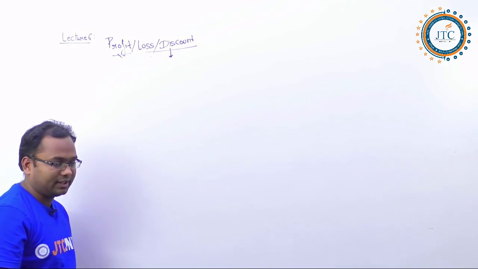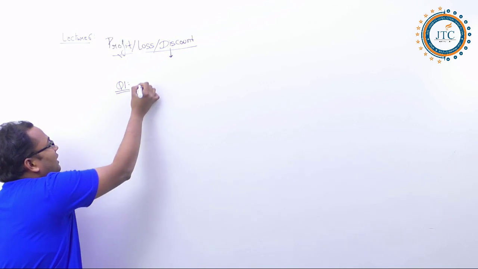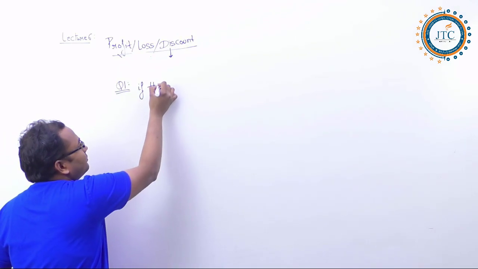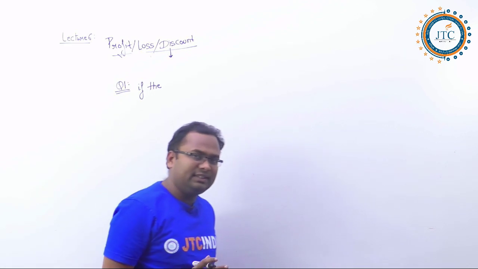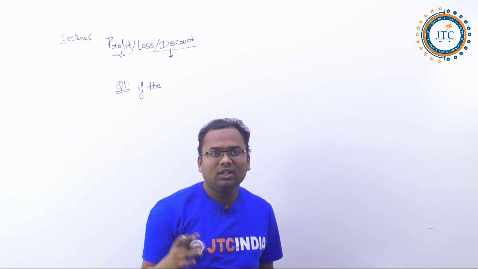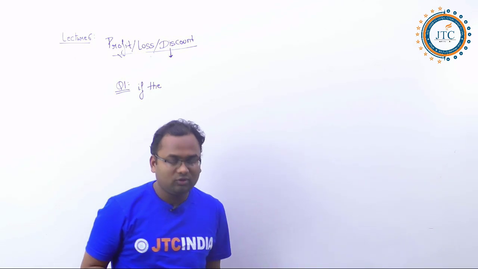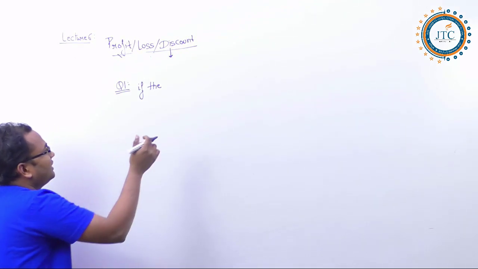Basically 7 to 8 types of questions are asked in profit and loss chapter. First of all, we can discuss the article based question. So what is the meaning of article based question? Let's understand.